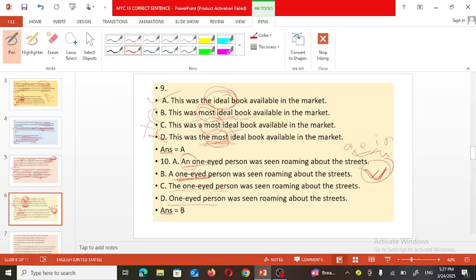Here, the spelling starts with O, but its pronunciation is not starting with that. It's starting with W, one, and that's why the article an won't be there, the won't be there, and even no article is not right here. So option B is correct. A one-eyed person was seen roaming about the street. Now see the next one.